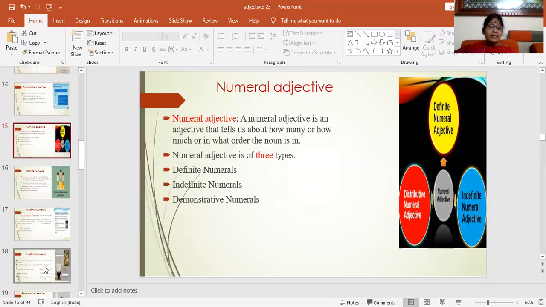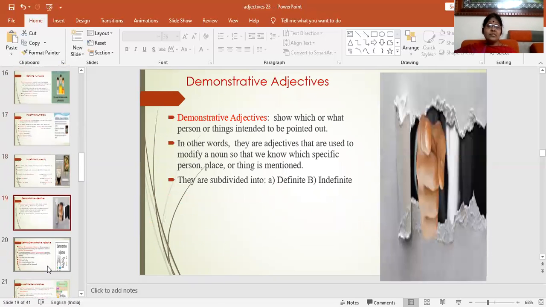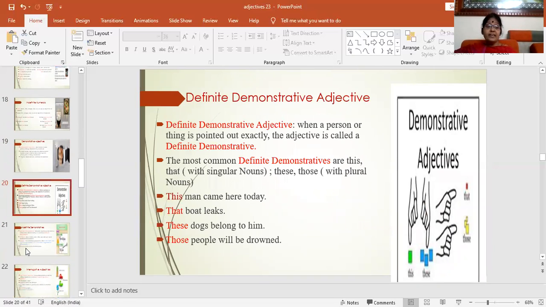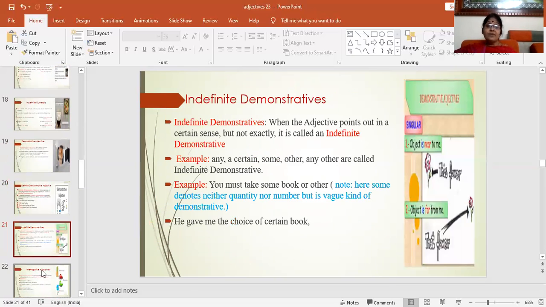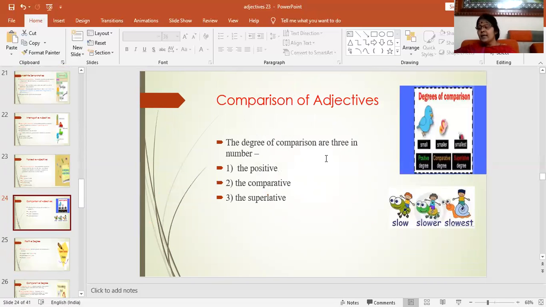Then we have demonstrative adjectives, which are divided into definite and indefinite demonstratives. Then we have interrogative adjectives, and possessive adjectives. Not only that, adjectives are also used in comparisons, right?